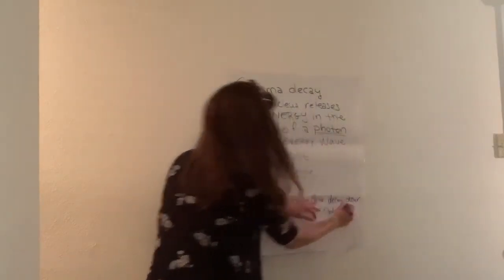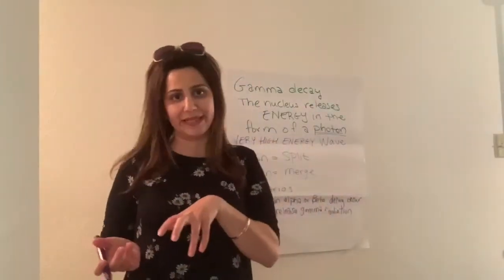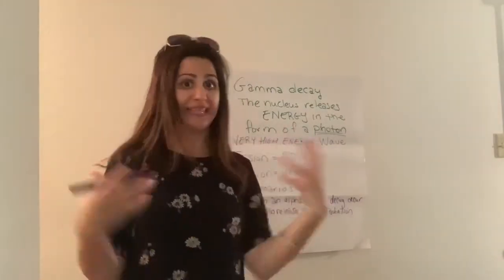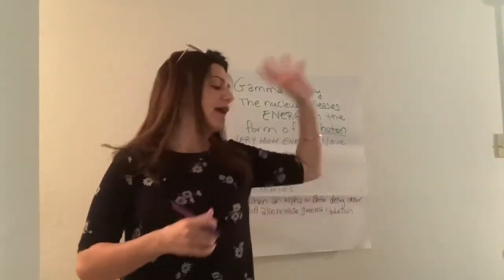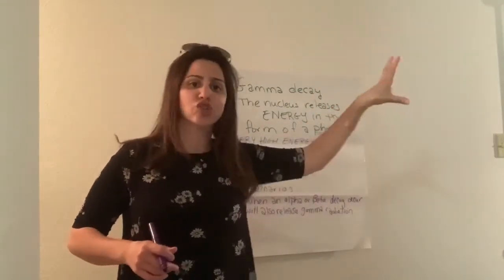So it can happen in conjunction with an alpha or beta decay. So either of those scenarios will release whatever, let's say it's an alpha decay, it will release a helium, and also gamma will be released as well. That energy is going to be released as well.